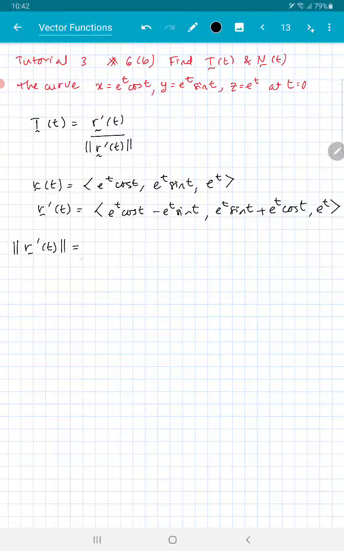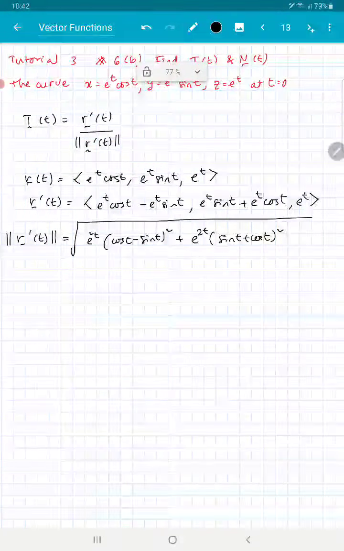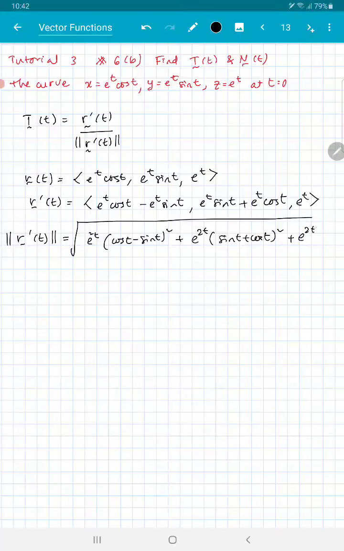Squaring the x component, we factor e^t out first and then square, so we get e^2t times (cos t minus sin t) squared. Then the y component gives e^2t times (sin t plus cos t) squared, and squaring the z component gives e^2t.